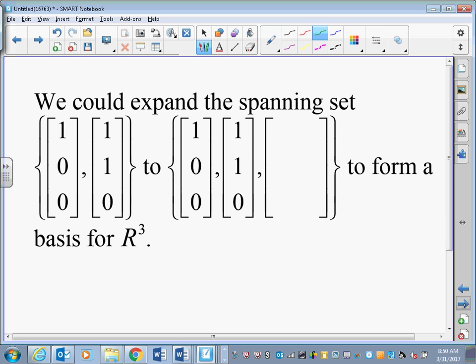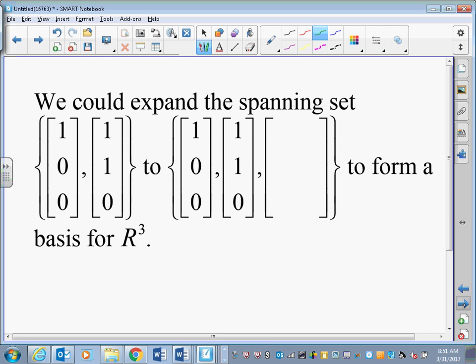We could expand that and make another basis, and you have an infinite number of possibilities right there. So this H, whatever, is a subspace of R3, not a basis of R3.